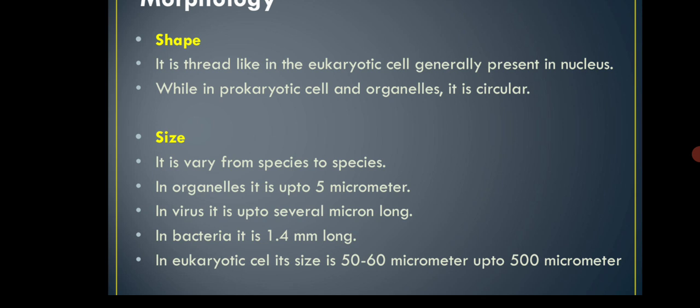Its size varies from species to species. In organelles it is up to 5 micrometers. In viruses it is up to several microns long. In bacteria it is 1.4 millimeters long, and in eukaryotic cells its size is 50 to 60 micrometers to 500 micrometers.